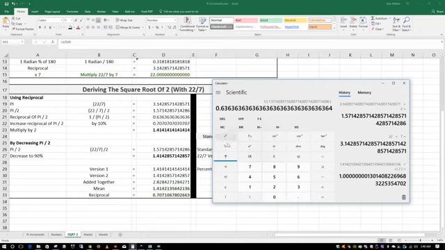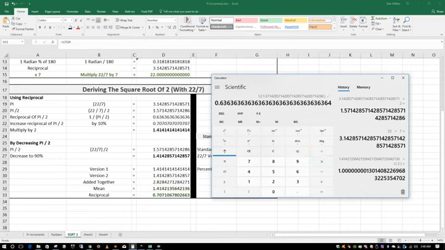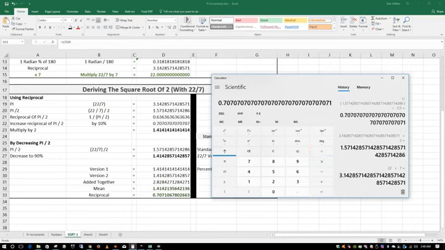So if we take this number right here, which is the reciprocal of our pi over 2, and we increase it by 10%, so I'm going to divide by 0.9, then I get this number, 0.70707 continual, right? So if I take that number and multiply it times 2, then I get this one version of the square root of 2 that I've shown you before.